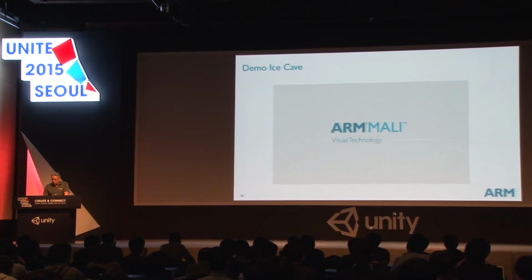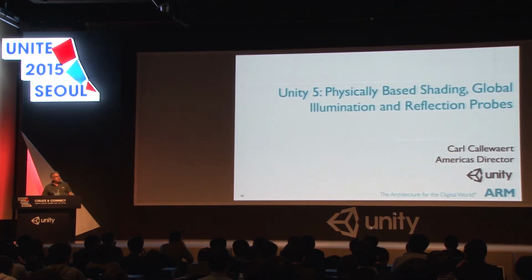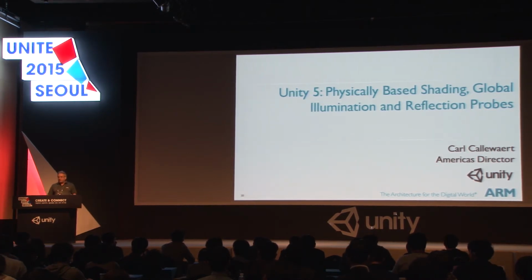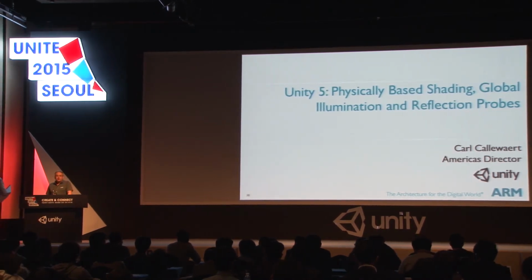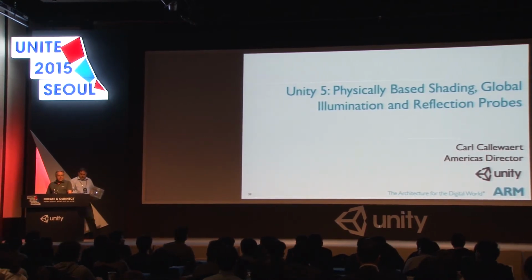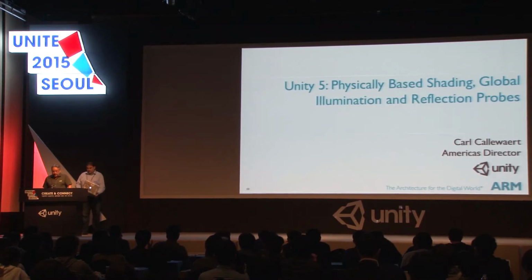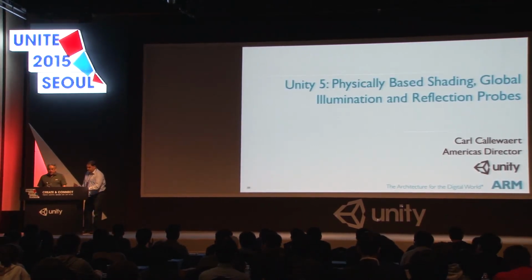So this is all that I wanted to talk about today, and now I will hand over to Carl, and he will talk about several really important improvements that have been implemented in Unity 5.